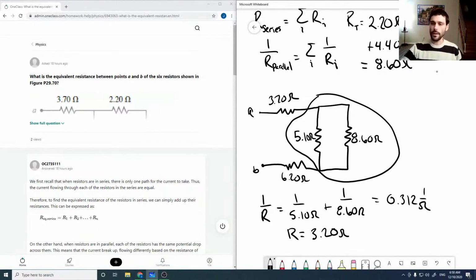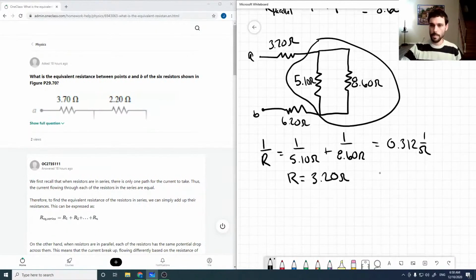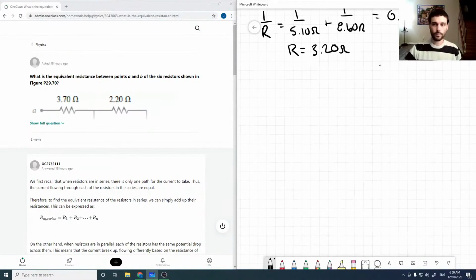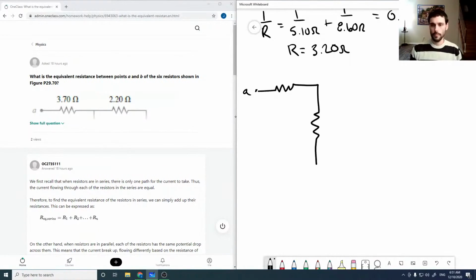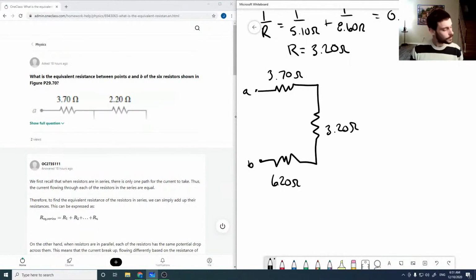And so now we have another equivalent circuit we can draw, where now we have A, 3.70, 6.20, and 3.20.